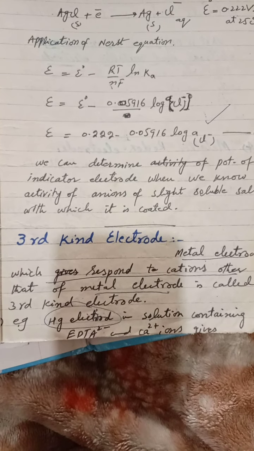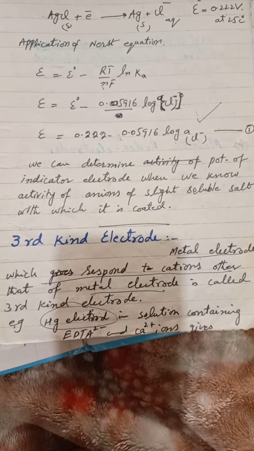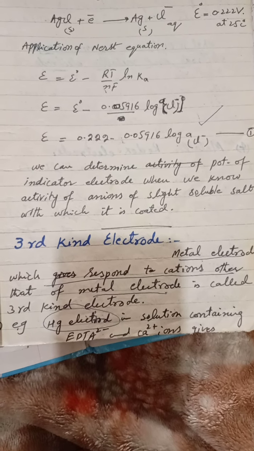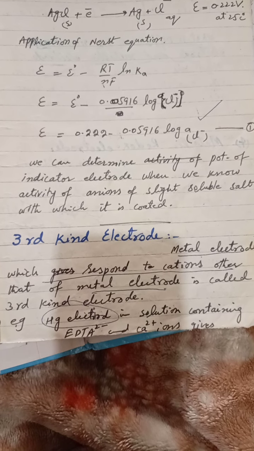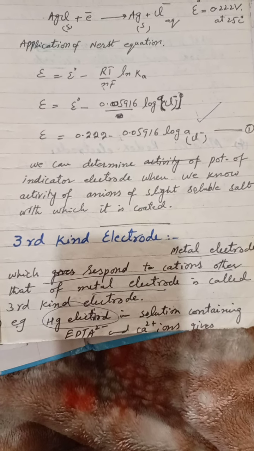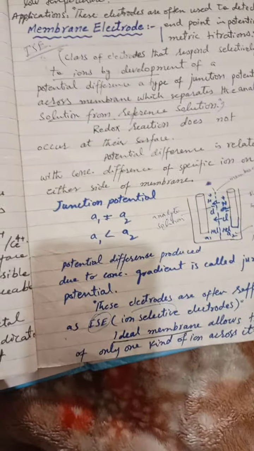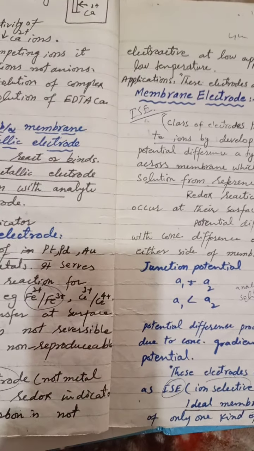Third kind electrode: a metal electrode which gives response to cations other than those of the metal electrode is called a third kind electrode, like a silver electrode in a solution containing EDTA ions and calcium ions gives a response to the activity of calcium ions.